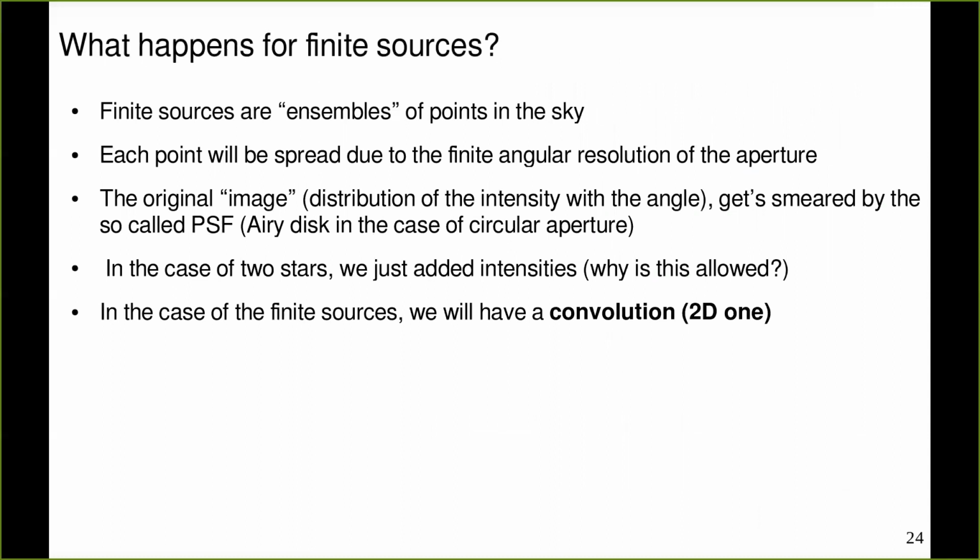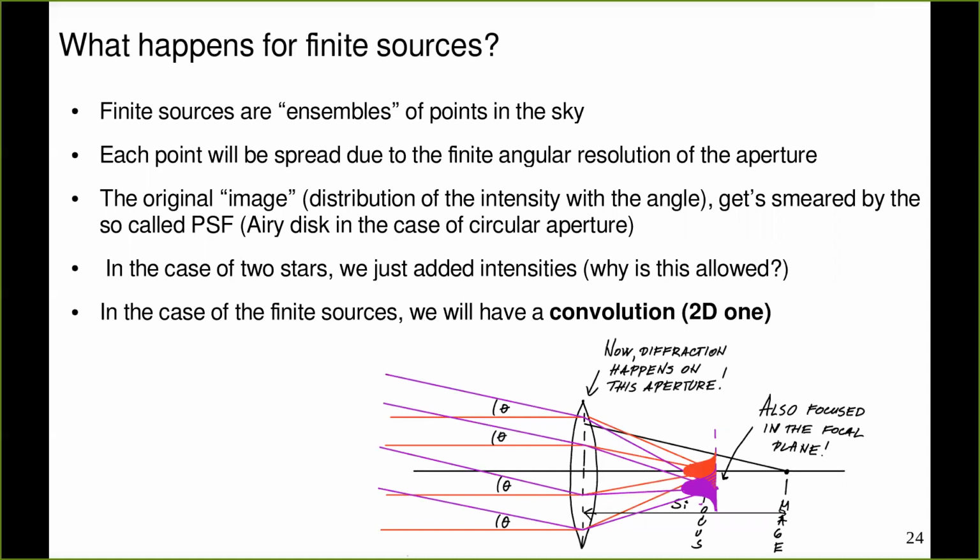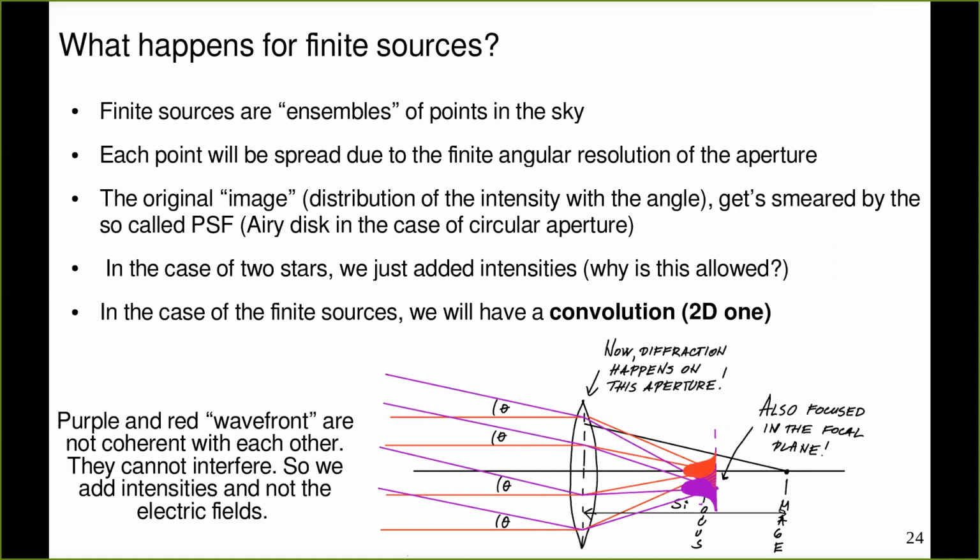So strictly speaking, if you look at this case again, the purple rays and the red rays are all coherent with their own rays, but are mutually incoherent. So it's just their intensities that are being added.